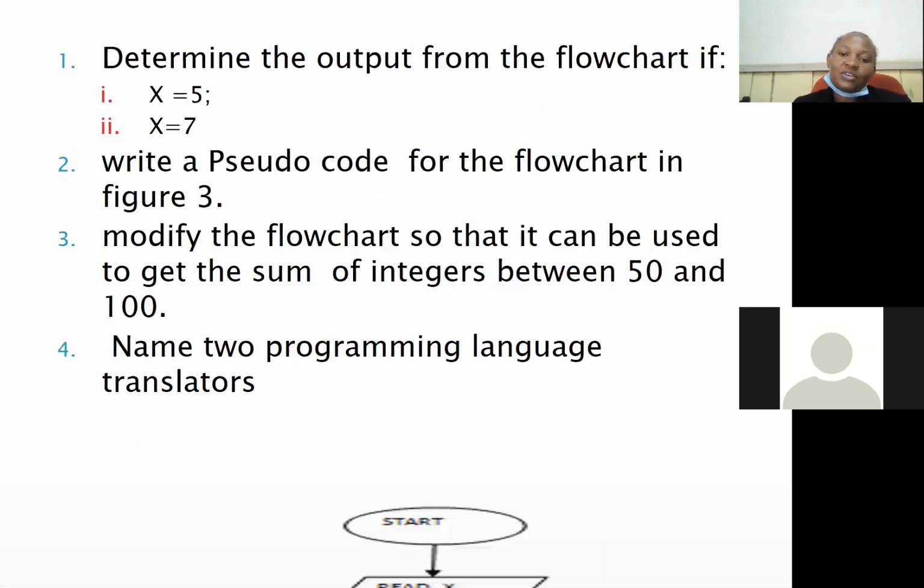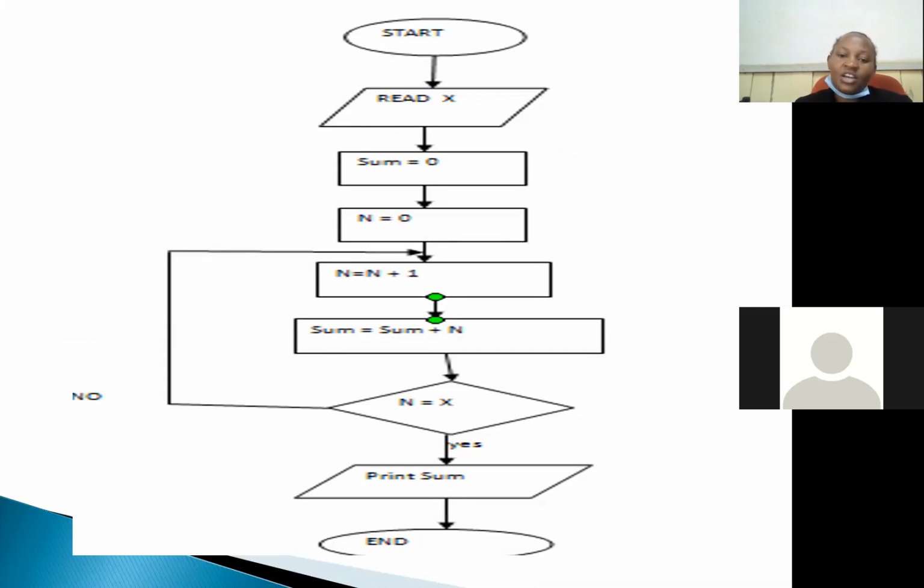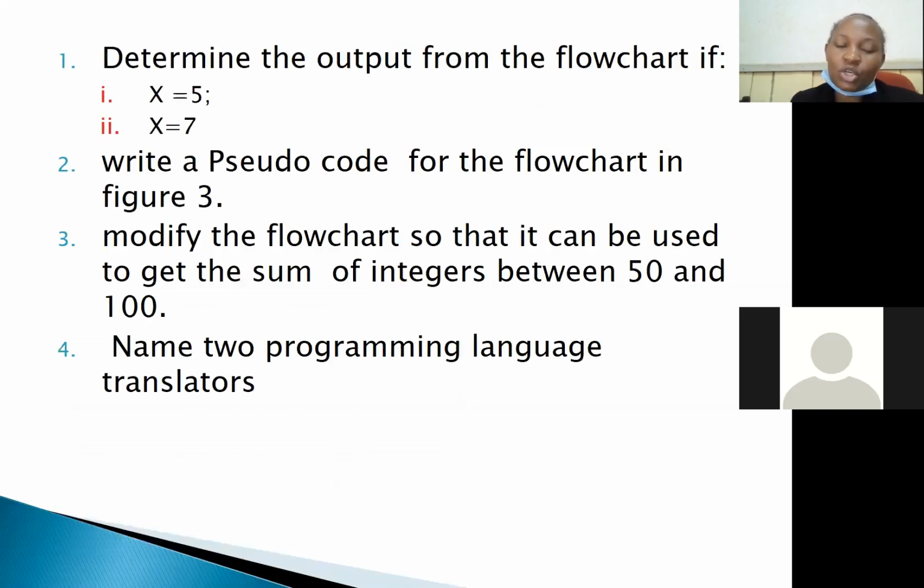So you are supposed to do a dry run, showing how the value of n is incrementing until the value of n is equivalent to the value of x. At that point, you display sum and then the program stops.